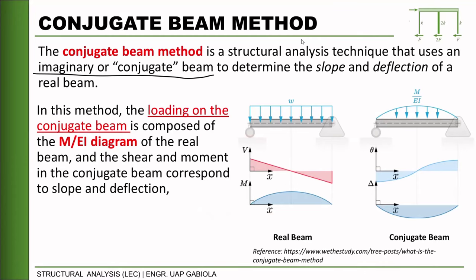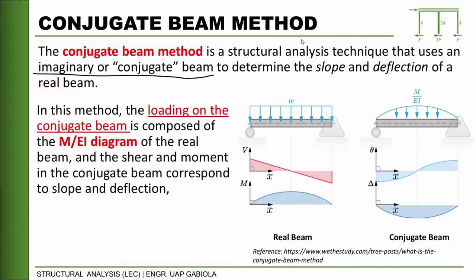Then we apply the rules of statics to solve for the shear and moment of that fictitious beam. But we also need to determine the behavior of the supports of our fictitious beam, because we need to satisfy two theorems in order to accept that the shear and moment diagrams of the fictitious beam correspond to the actual slope and deflection of our real beam.